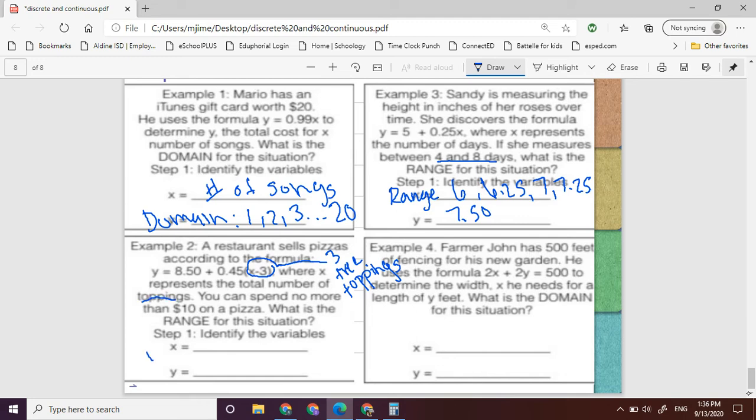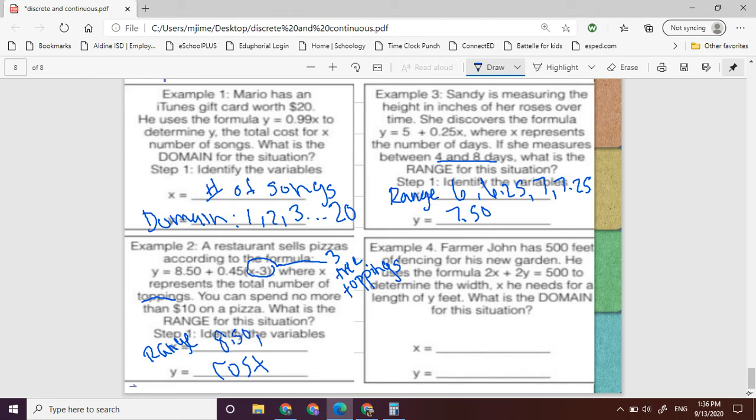What's the range? So this is going to be range. This is going to be the cost. All right, and so it's $8.50 for 3 toppings. We got another topping. You can't spend more than 10, so we're going to stop at $10. So for just the 3 toppings it's going to be $8.50.